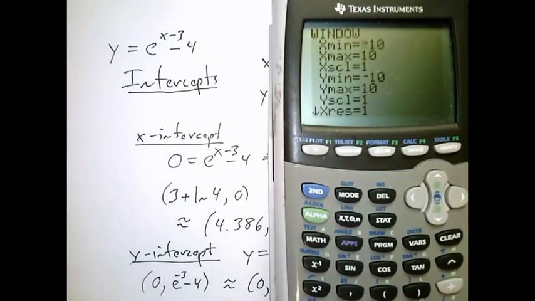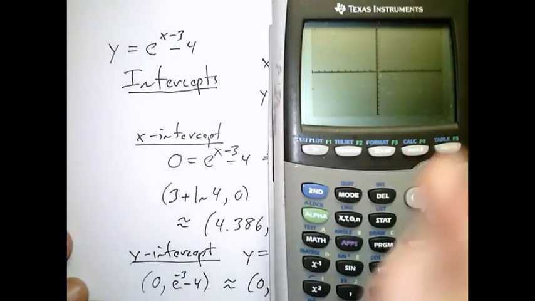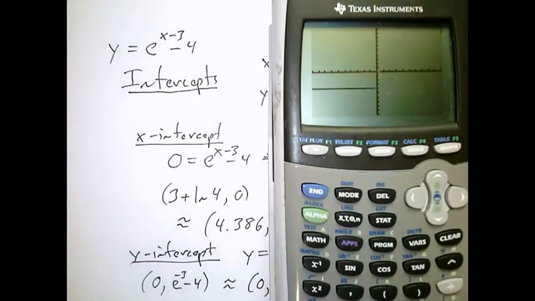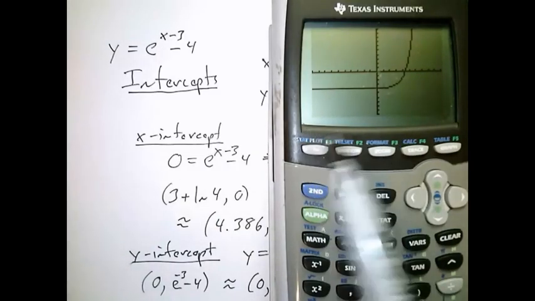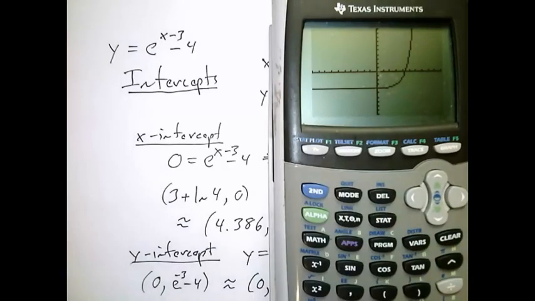Well, my window should include all the points of interest, so I want to go down at least to y equals negative 4. So we'll try the standard window here. I'm going to hit my graph, and you can see that this has the behavior that we want. In fact, it's approaching this y equals negative 4 very rapidly. It's going up sharper than what I thought it would.